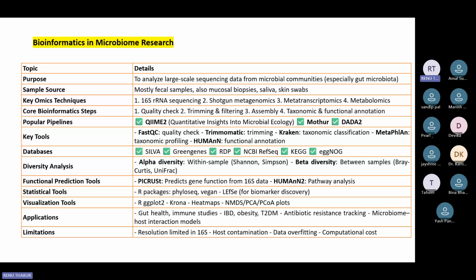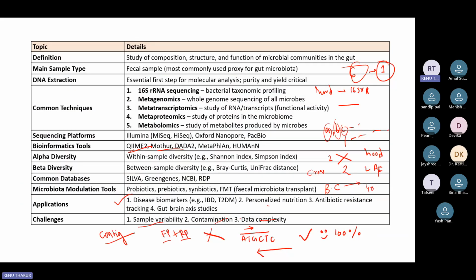Now, how can we incorporate bioinformatics in microbiome research? The purpose of incorporating bioinformatics is the data complexity. How are we going to handle the huge amount of data generated by the sequencing, because our gut already has millions of bacteria?